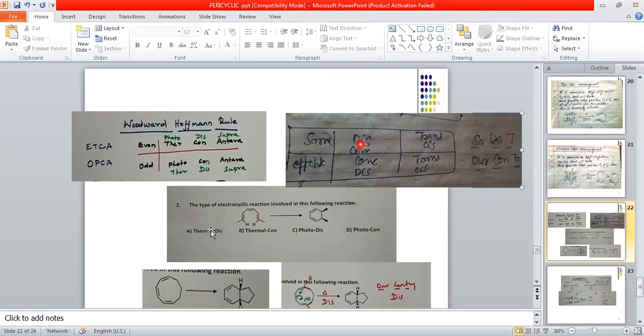Firstly, you have to learn this trick, because here we have to understand thermal, photochemical, cis, con and dis. Here we first see that both substituents are found on opposite sides. As you can see, this is 1 2 3 4 5 6 7 8, an octatriene.